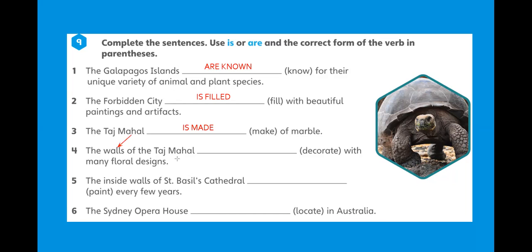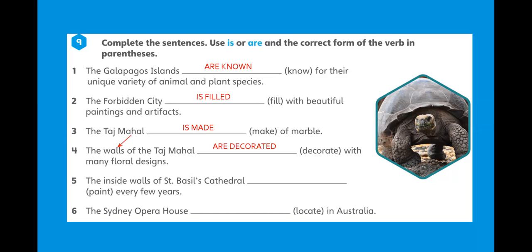We have to use are. We use are and then the past participle form of the next verb, which for decorate, since it is regular, is decorated. So we have the walls of the Taj Mahal are decorated.